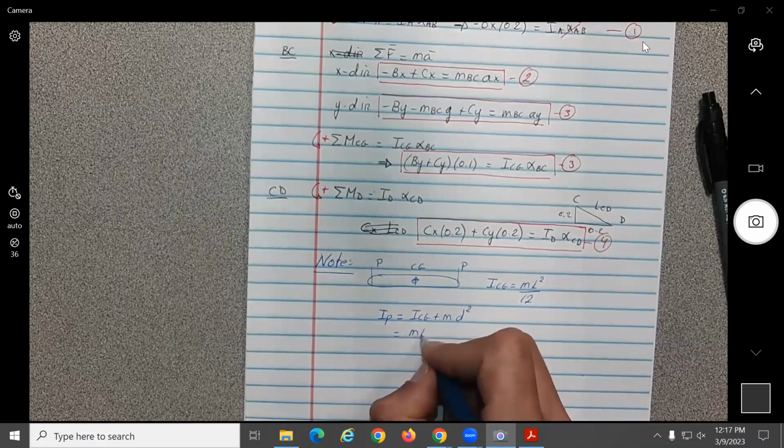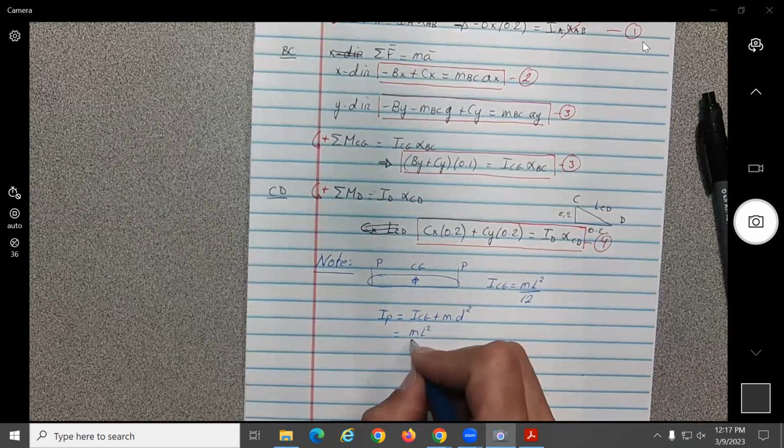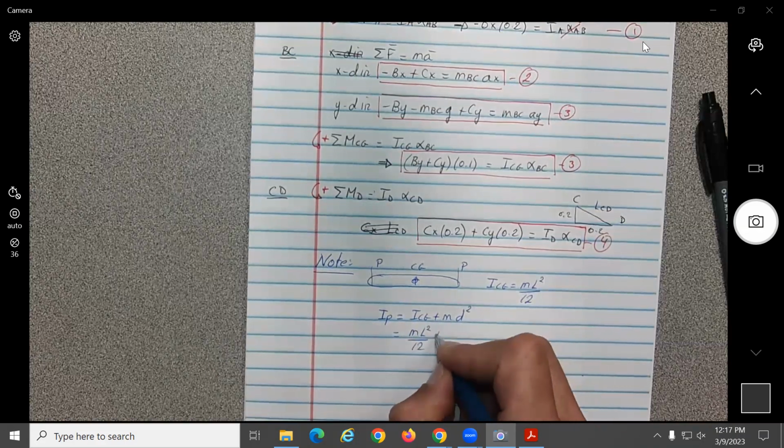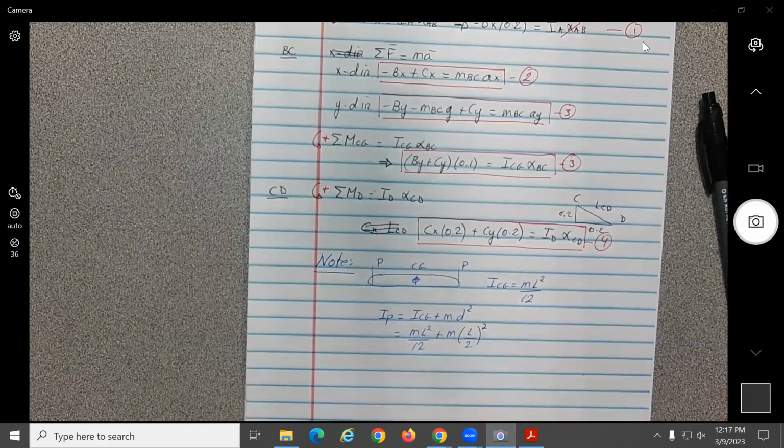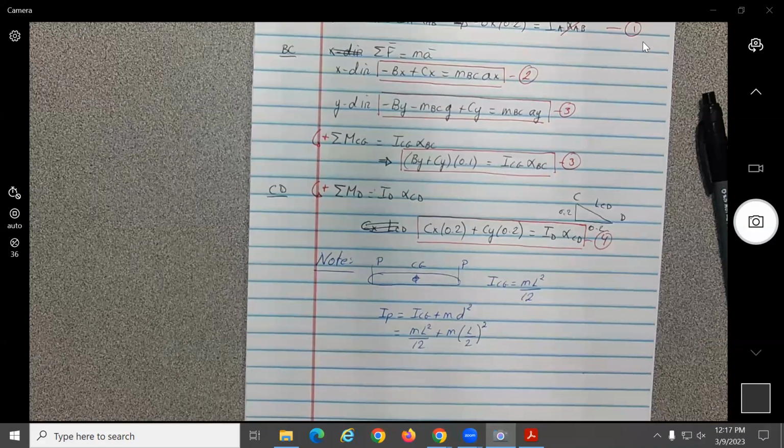So this will give us M s squared over 12 plus M times the distance we want to move it, D, which is L over 2, no?